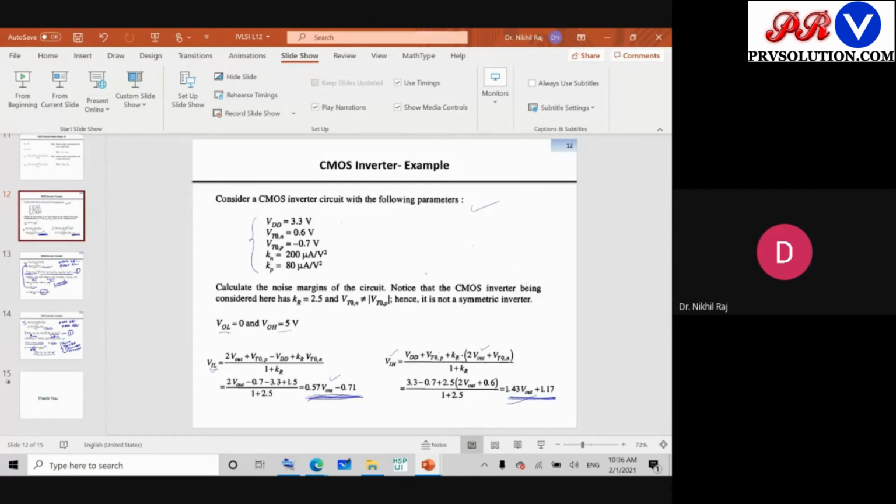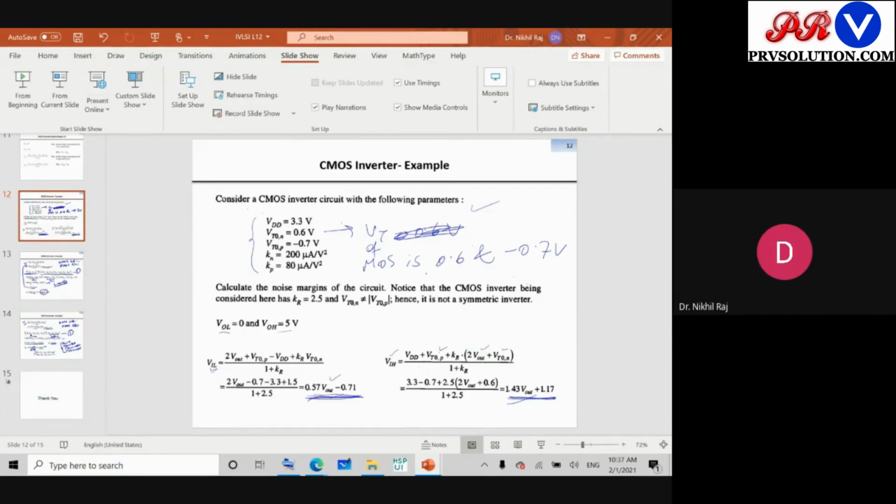Now there can be cases where, instead of VT1, it is written that VT is equal to 0.6 volt. Like the question will say VT of MOS is 0.6 and minus 0.7 volt. In that case, in the equation there are different VTP and VTN, at different places, and both exist at the same time.